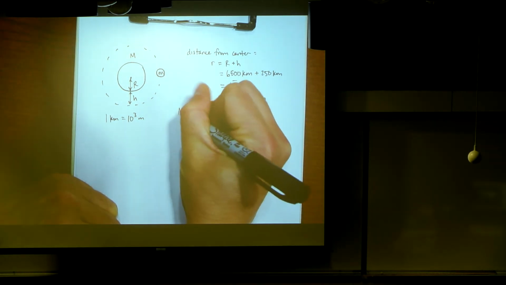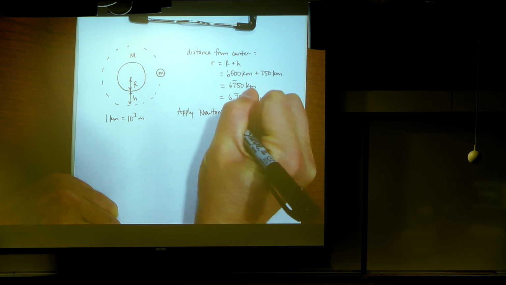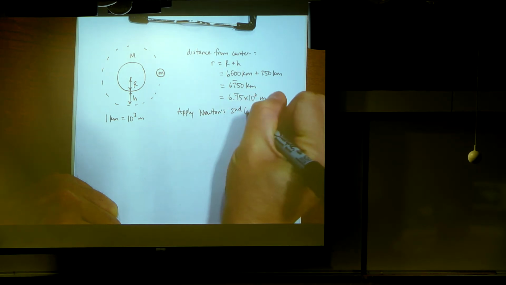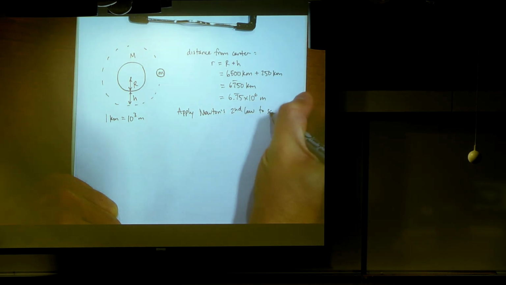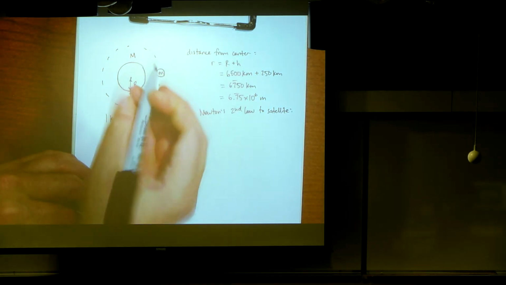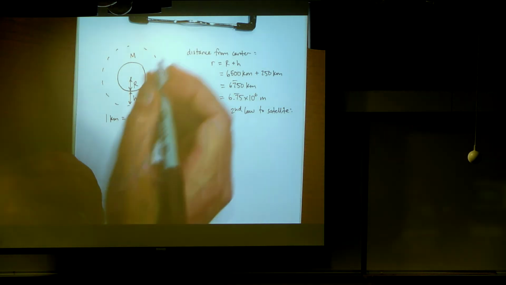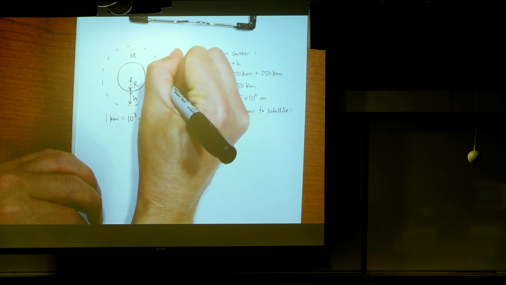Now, let's try doing this. Let's apply Newton's second law to the satellite. So that means F equals ma. Let's actually label the force that's acting on this mass. It's just gravity.